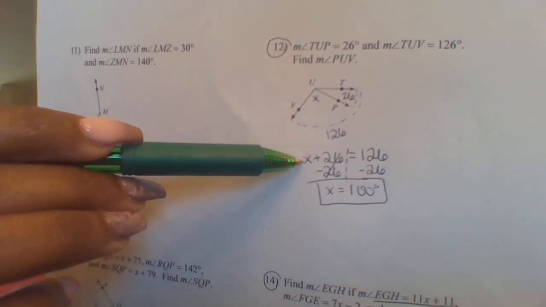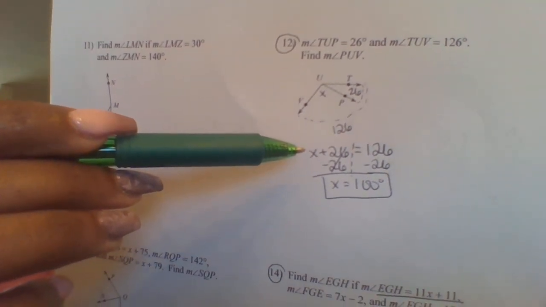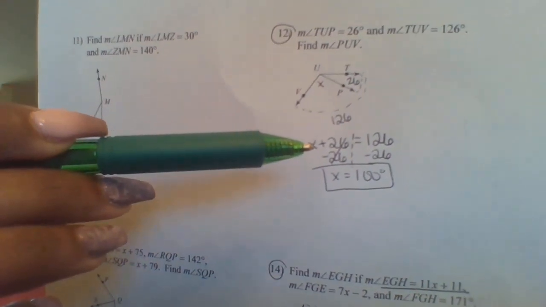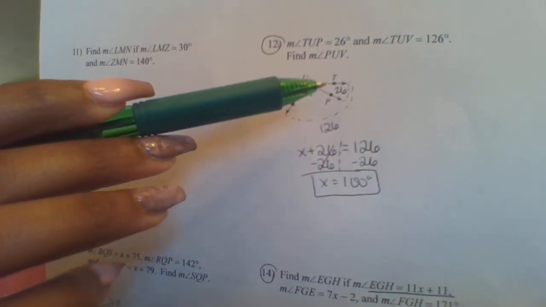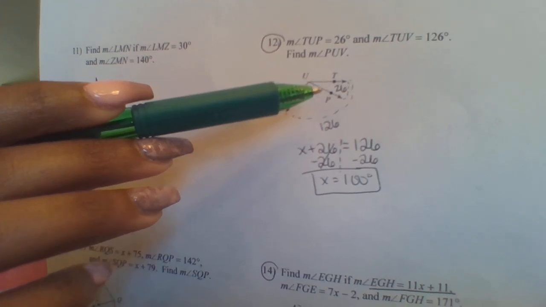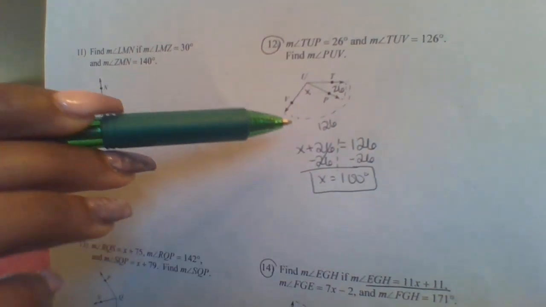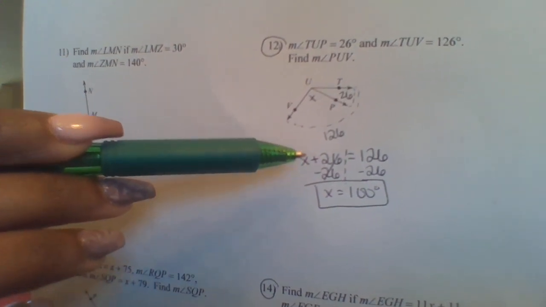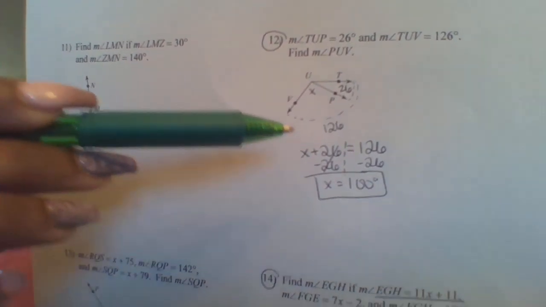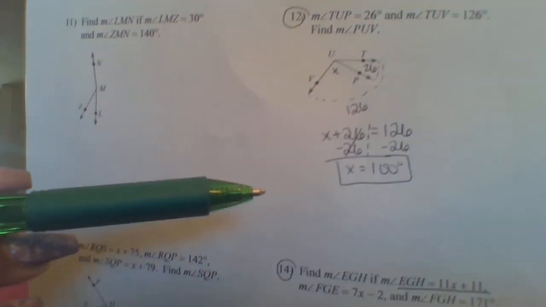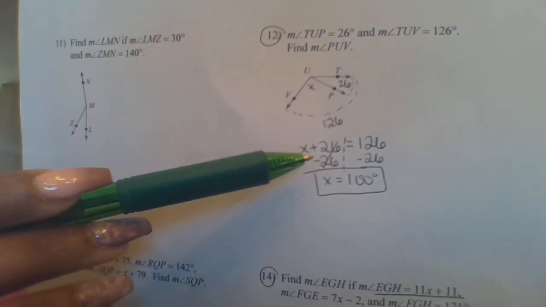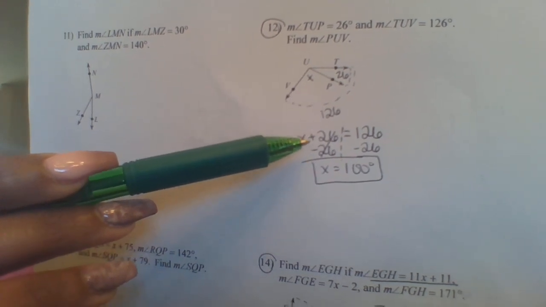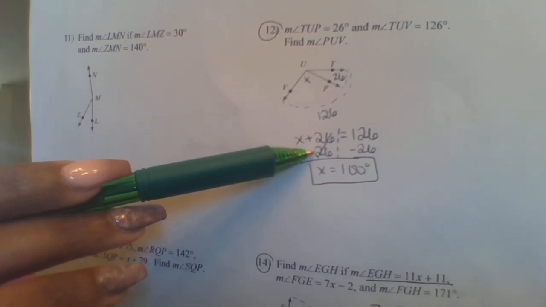So all I did was jump straight to the numbers because I know for most people that's the easiest way, as opposed to putting all the letters down first. So we're going to have X, this angle, plus this angle, 26, equals this whole thing, 126. We've already reviewed how to solve equations. I believe it was yesterday. When we want to get X by itself, we want to isolate this X. We are going to subtract 26 from both sides because it is a positive 26 due to this plus sign. 26 minus 26 is 0.